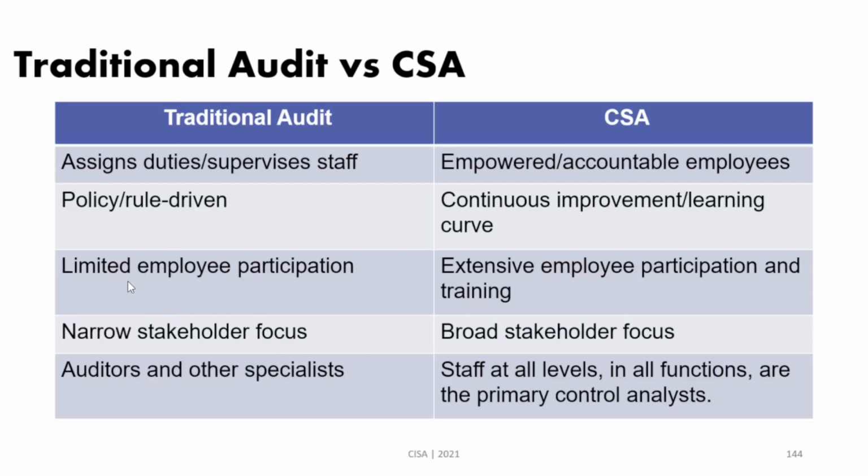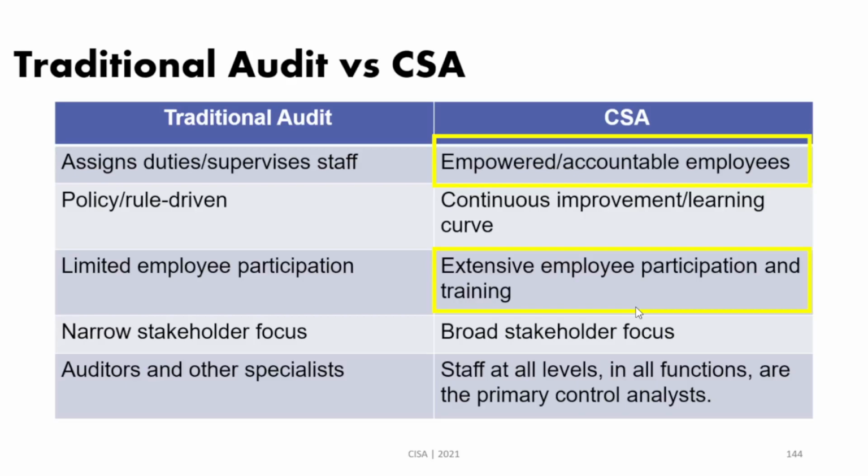In traditional audit, we have limited employee participation, while in control self-assessment extensive participation is needed, and this results in traditional audit having a narrow stakeholder focus, but in control self-assessment we have a lot of stakeholders.